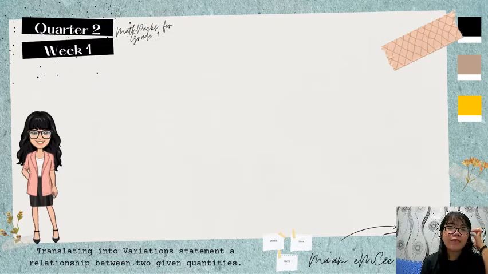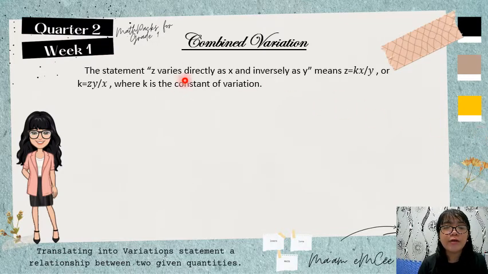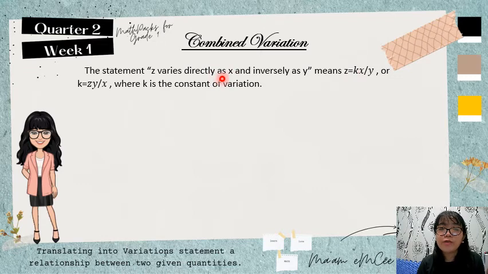Now let us have the last variation, which is the combined variation. So the statement z varies directly as x and inversely as y means z is equal to kx over y. So notice that our first variable is on the left side of the equation. On the right side of the equation will be our constant of variation in the numerator together with our variable which is directly proportional to our first variable.